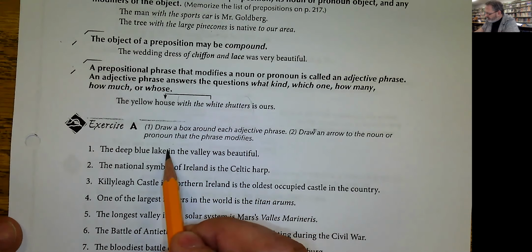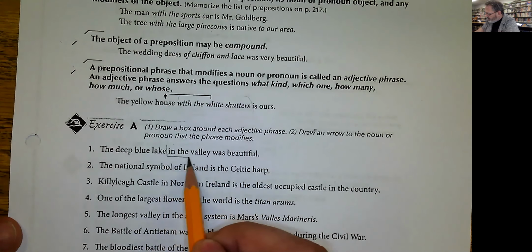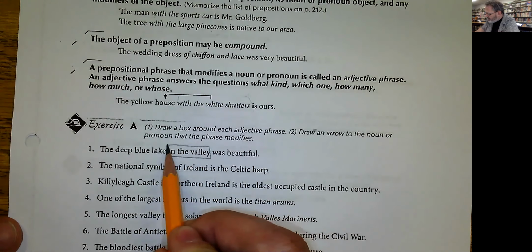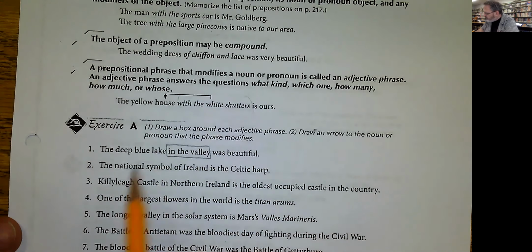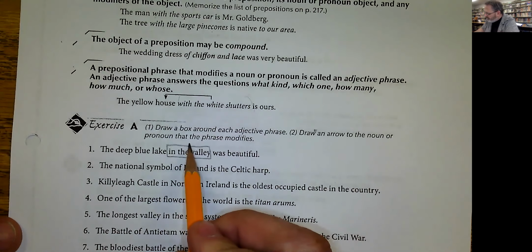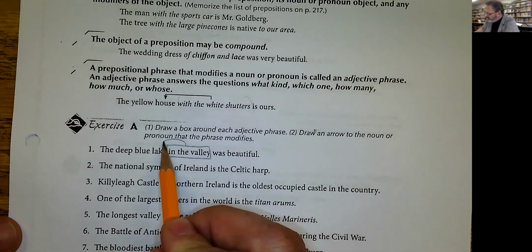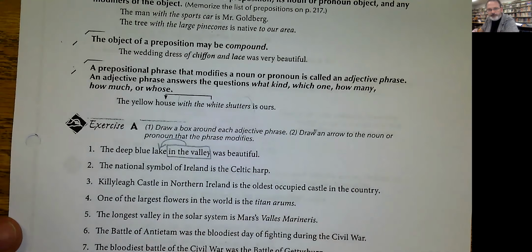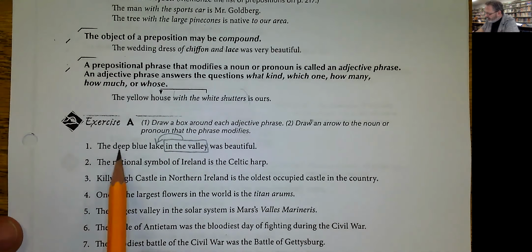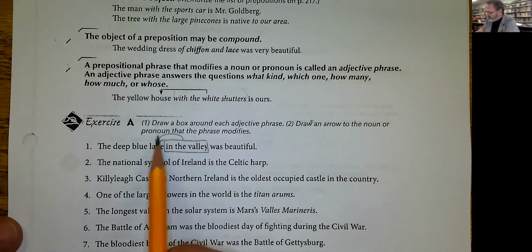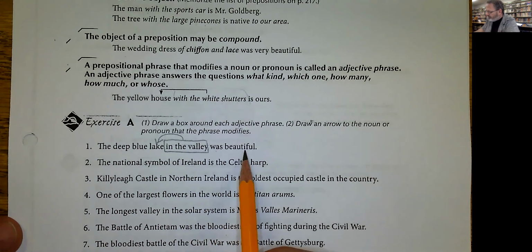So we've got in the valley. And then draw an arrow to the noun it modifies. Which lake? The lake that's in the valley. Like that. Okay? Now, the, deep, blue are all single adjectives describing lake. In the valley is describing lake. Was is the verb. Beautiful is the predicate adjective.